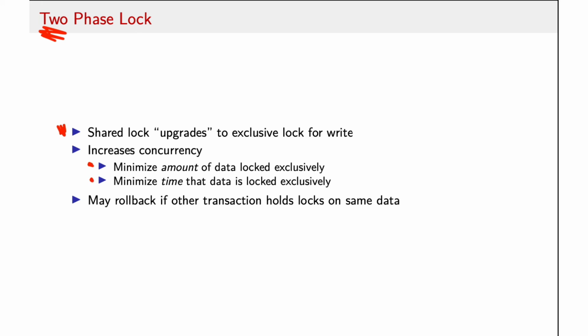So we can kind of move from a shared lock to an exclusive lock and back again as necessary. And we can still employ the rollback mechanism if other transactions are holding locks on the same data. So the detection things that we were talking about previously.